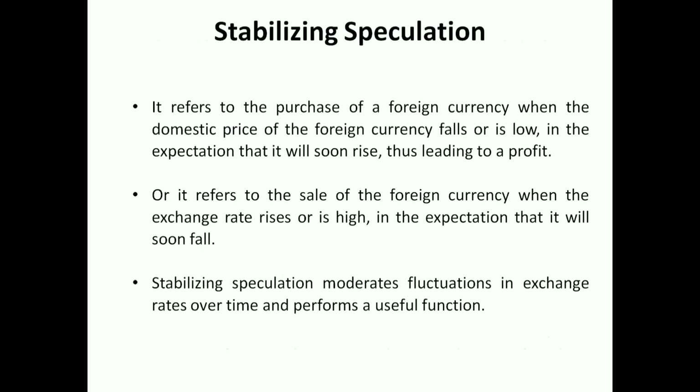Then what is stabilizing speculation? When our country's exchange rate is falling and somebody is purchasing foreign currency, then it is a stabilizing speculation. Or we may also consider that if our exchange rate is rising, then somebody is selling his foreign currency. Then it is also an example of stabilizing speculation.